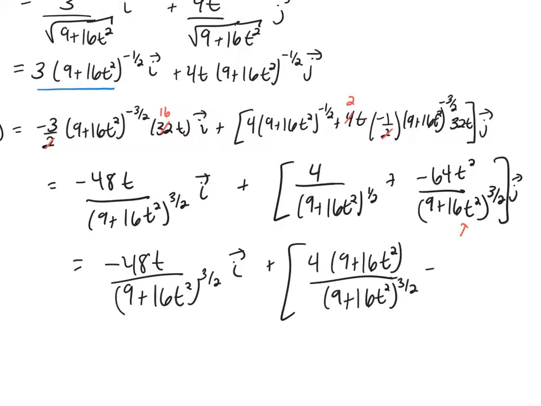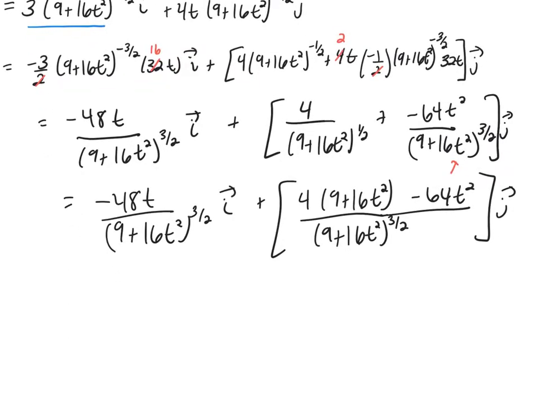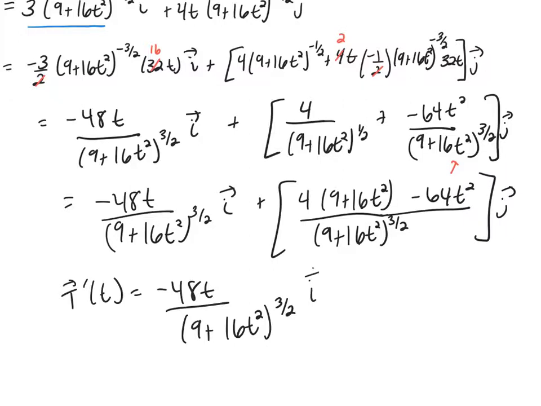And now that they have the same denominator, we could go ahead and combine them into one fraction, minus 64t squared. And then if you simplify in the numerator, again, this is T prime: negative 48t over (9 plus 16t squared) to the 3/2 i.